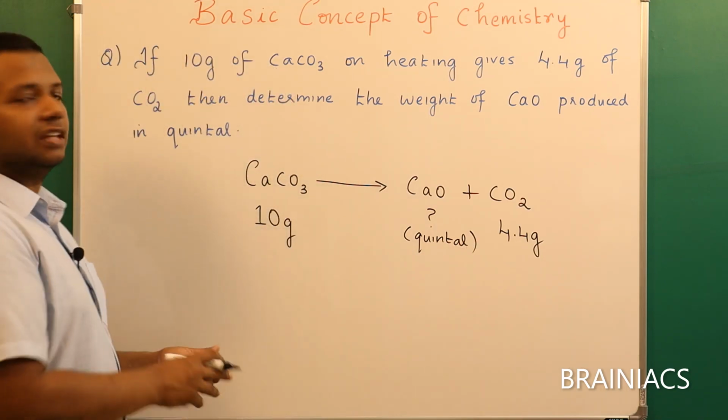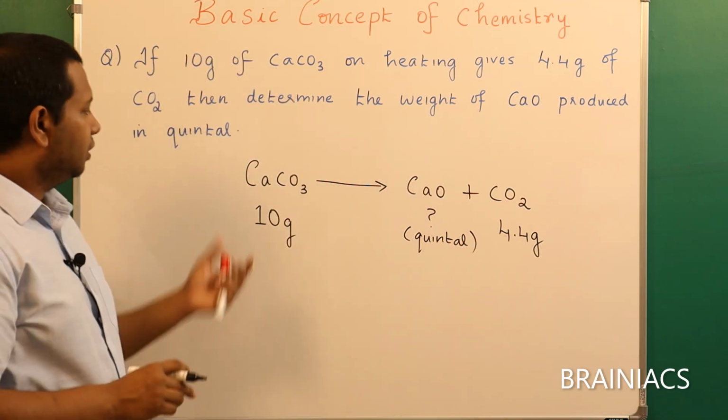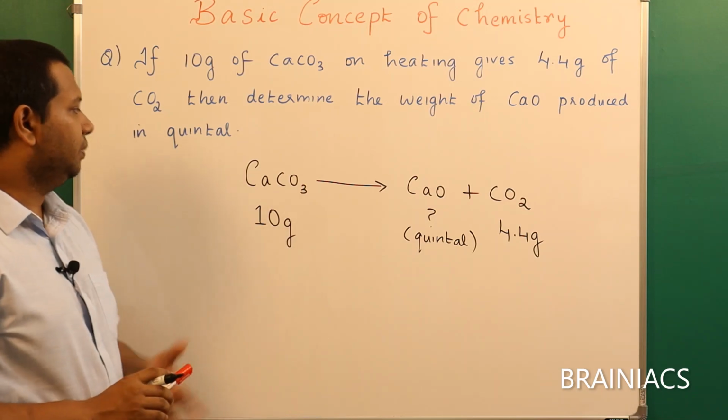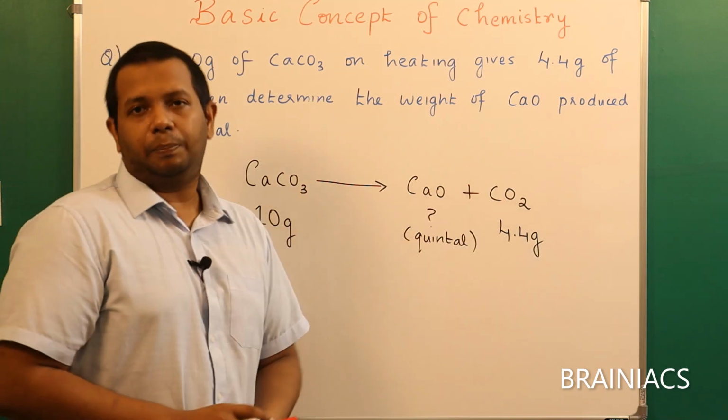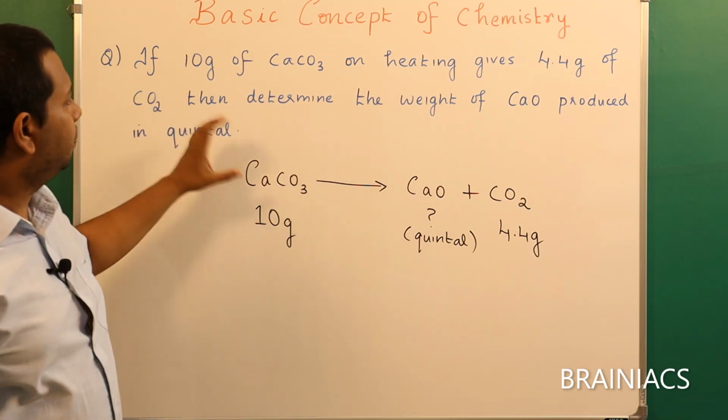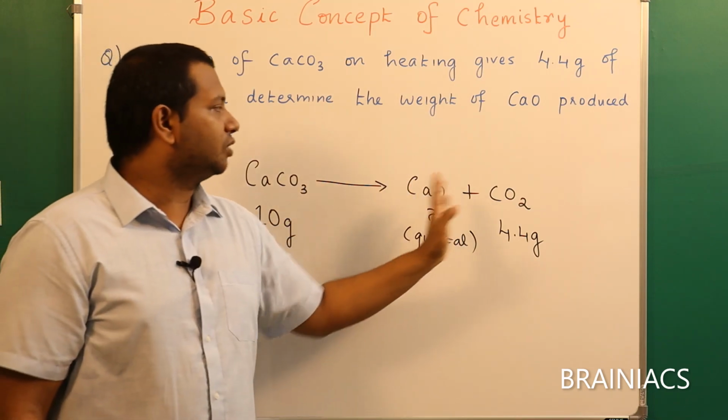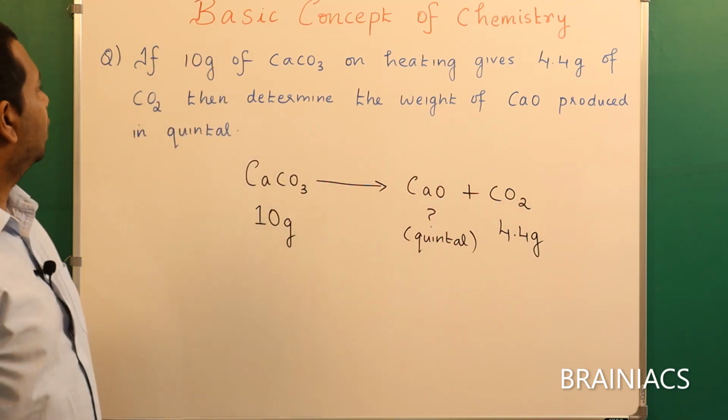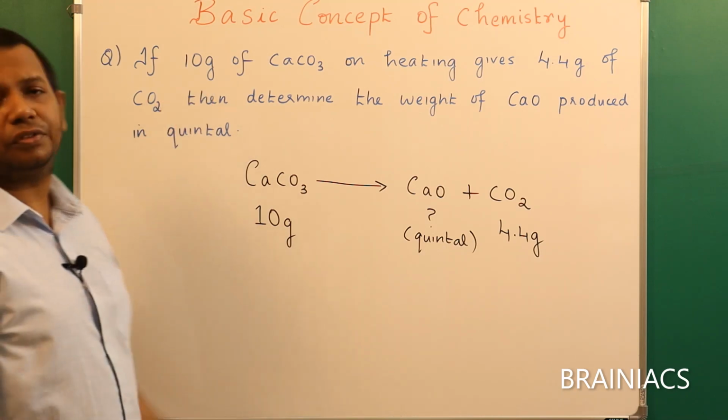So we know that as per the law of conservation of mass, the total mass of the reactants is equal to the total mass of the products. So here we assume that the complete calcium carbonate is converted to calcium oxide and carbon dioxide. Okay, since nothing is mentioned in the question.